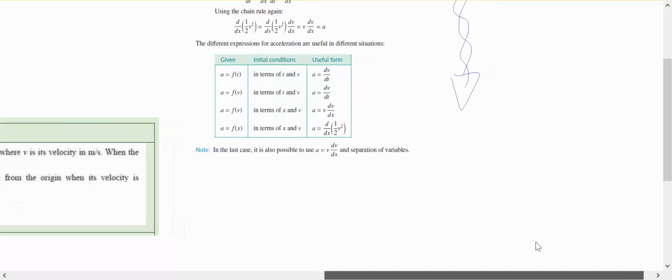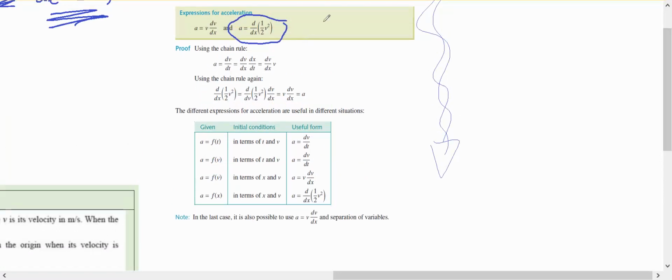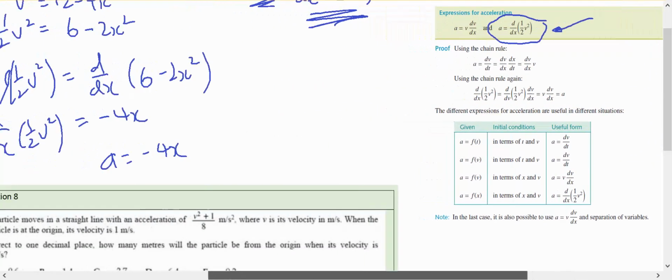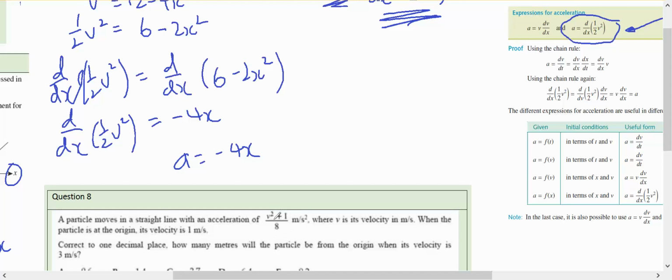And I used an expression for acceleration of this. If I jump to question number 8, a particle moves in a straight line with acceleration equals v squared plus 1 on 8. Correct to one decimal place, how many meters will the particle move from the origin when its velocity is 3?